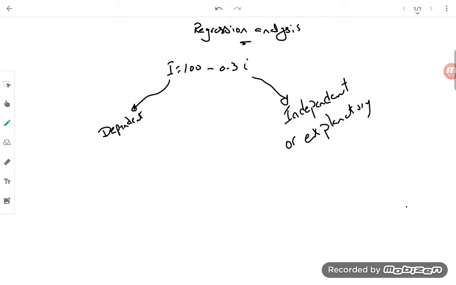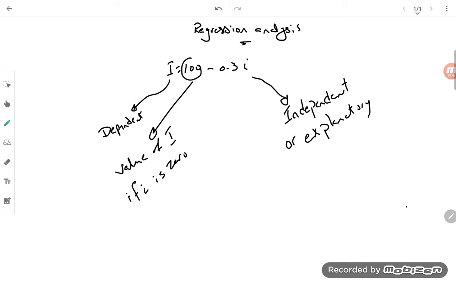What is the value of the dependent variable if the independent variable is 0? It's 100. Value of I if interest rate is 0.